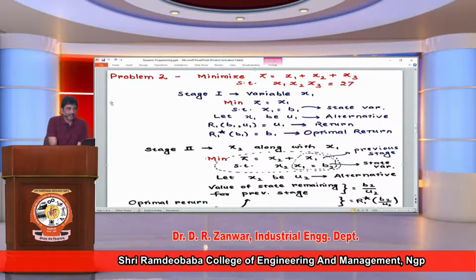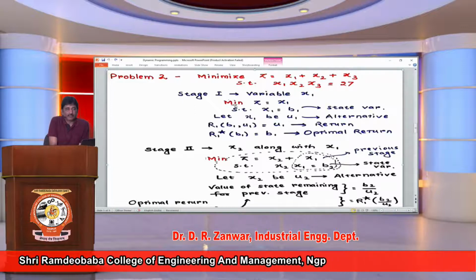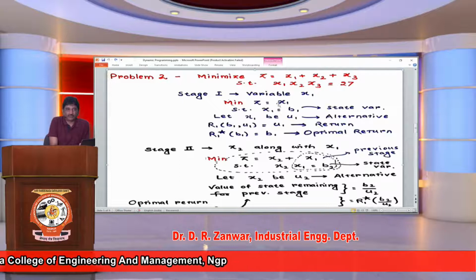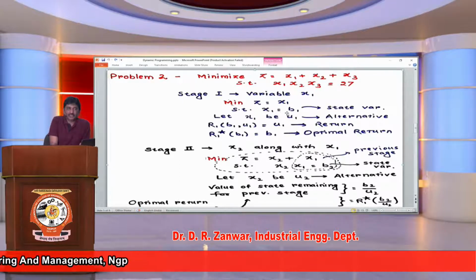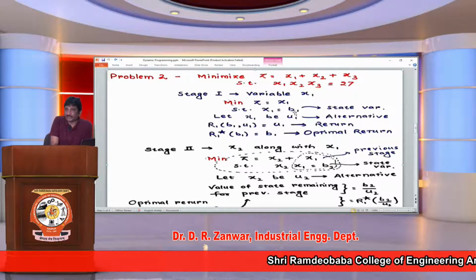Now here our problem becomes minimize z equal to x1, subject to x1 is equal to b1. As we have seen in our previous problem's explanation, the constraints are to be variabilized. The constraint right hand side is to be variabilized.